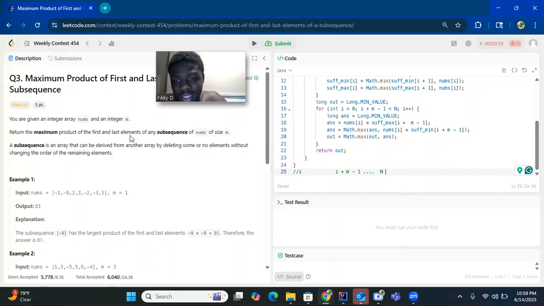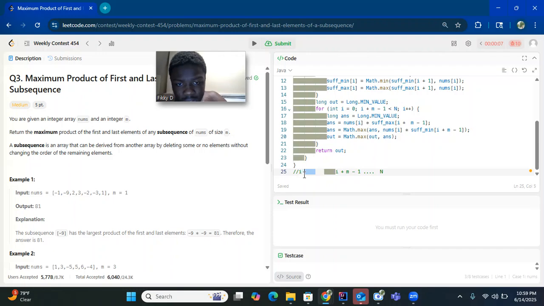And so the idea is that we don't care what's actually in the subsequence. We just care that it ends such that it satisfies the condition that there are at least m elements, right? If I end on something over here, then this is not sufficient. So you just keep track of a suffix min.